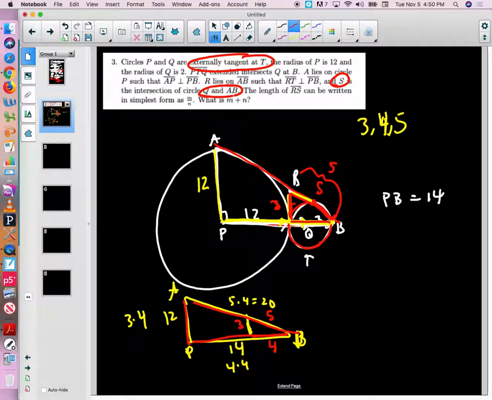Let's see if I got all of my perpendiculars. Let's see, there's one more perpendicular from S. Oh, if you have this point right here from S to Q, I'm sorry, from S to T, in circle Q. So let me undo that.